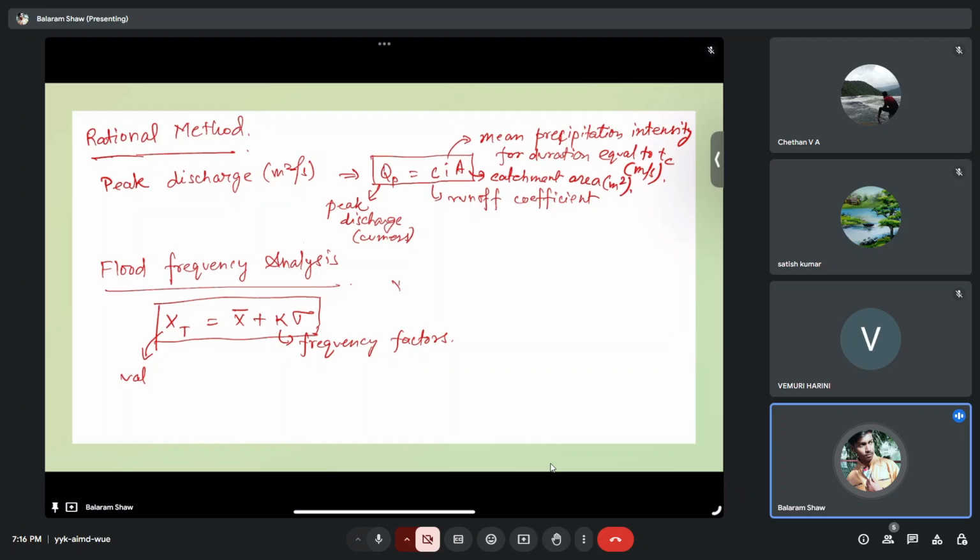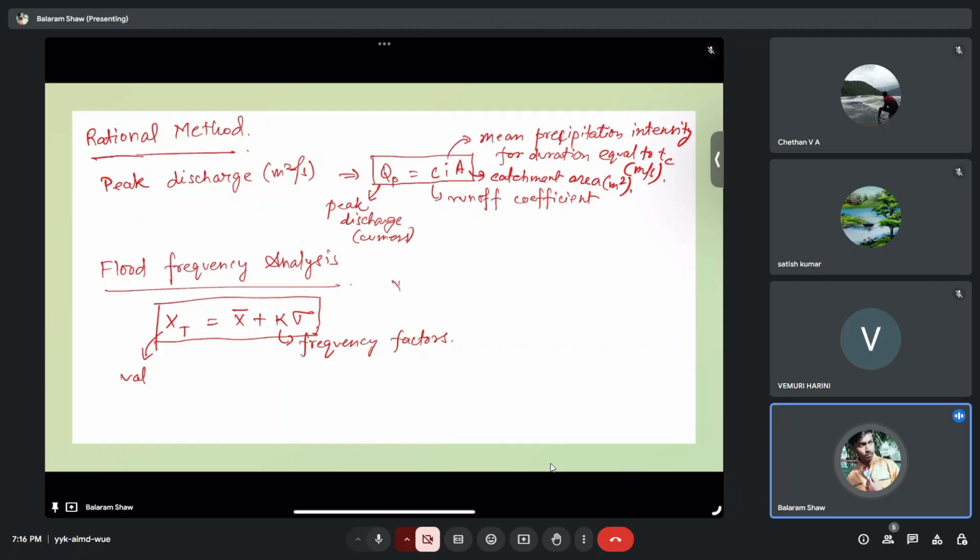These are the mean and the standard deviation. Like that, the other distributions that we mentioned, Gumbel's distribution and log Pearson type distribution, also have these kinds of parameters. For log Pearson, we have the mean, the scale parameter, and the shape parameter.